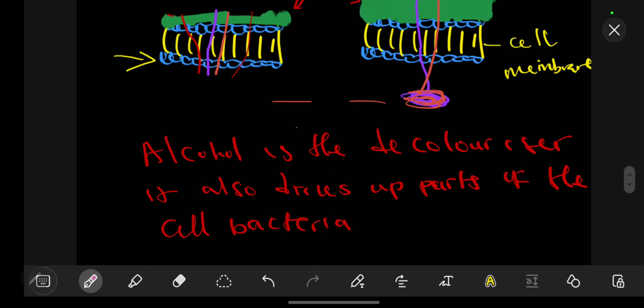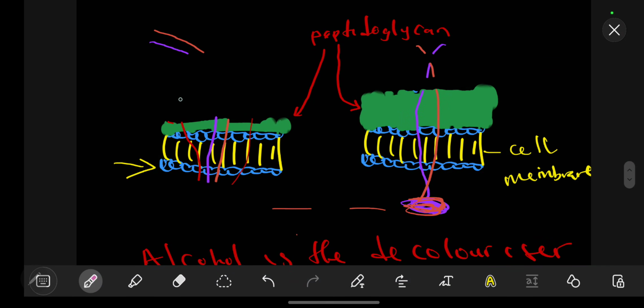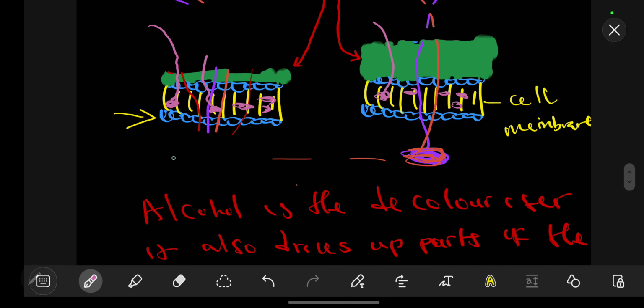So let us see what happens. When you put your counterstain, it sticks here, here, and here. Even here when you add it, it sticks. So now the color for the gram negative becomes pink, but for this one it still remains purple.